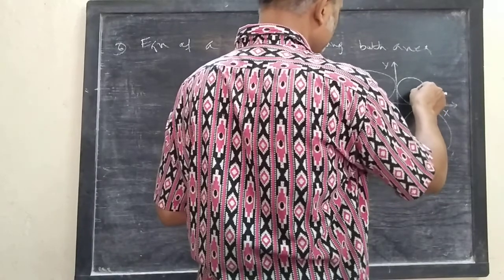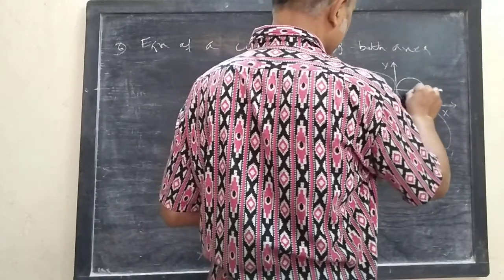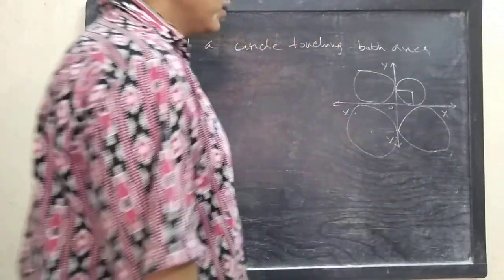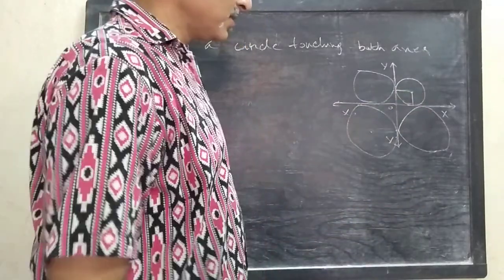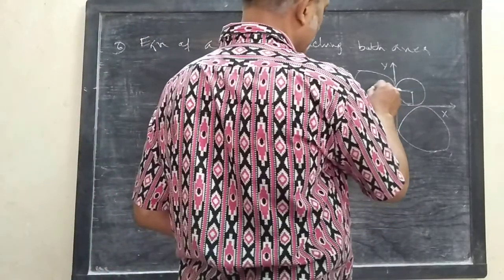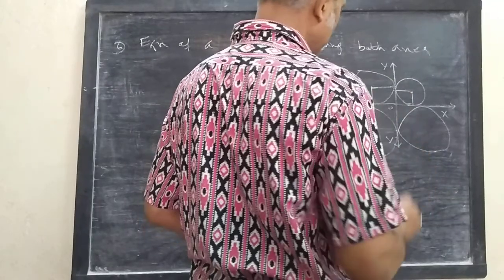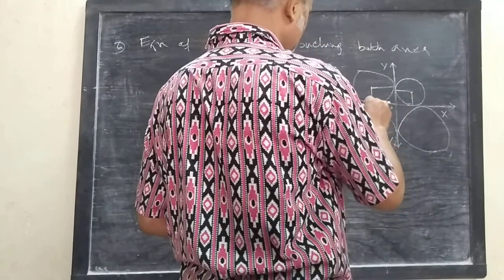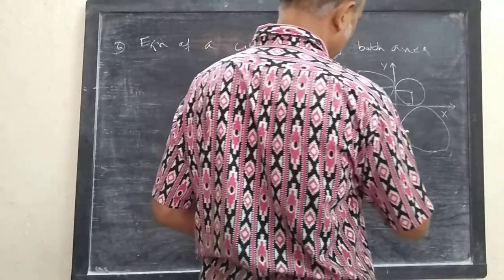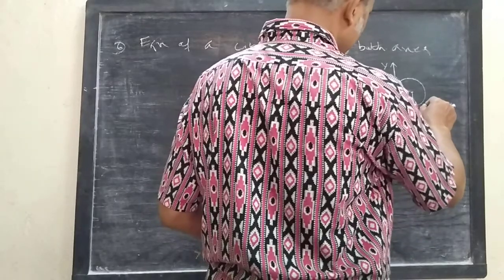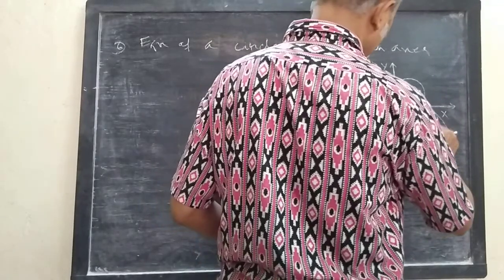This is center. Both the line segments represent the radius of the circle. This is center. Both are radius.